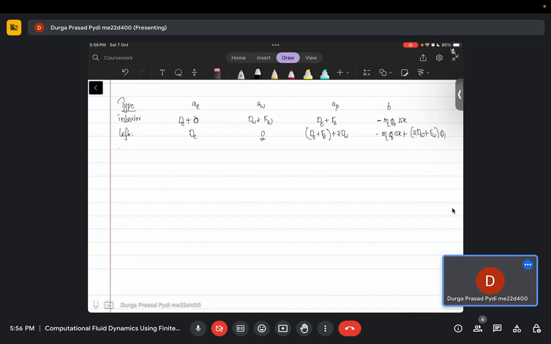Similarly for the right boundary, your A east will be 0. You have terms from here, so you can write similarly here. It will be dw plus f east. Fw will anyway get cancelled.